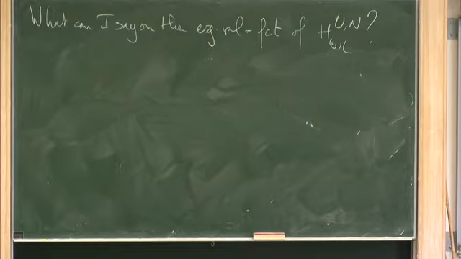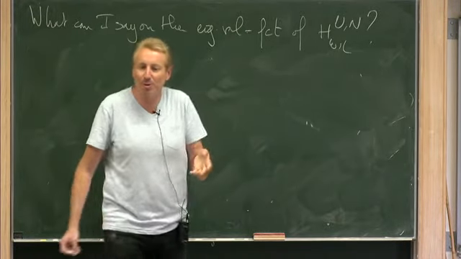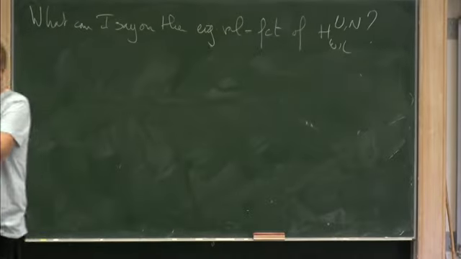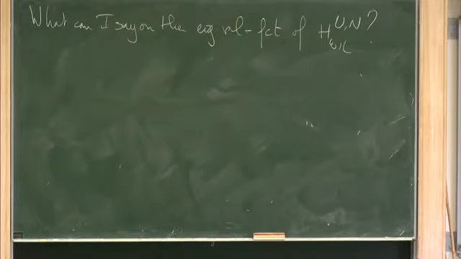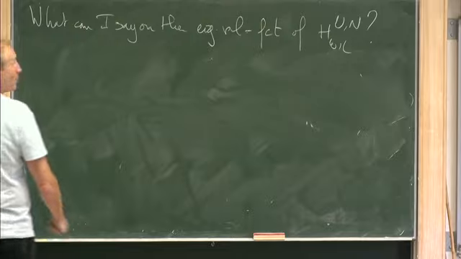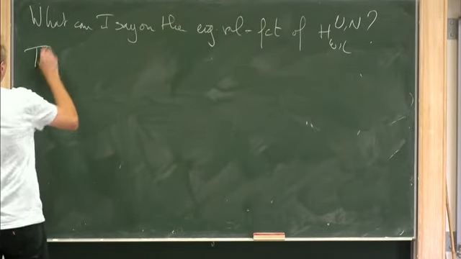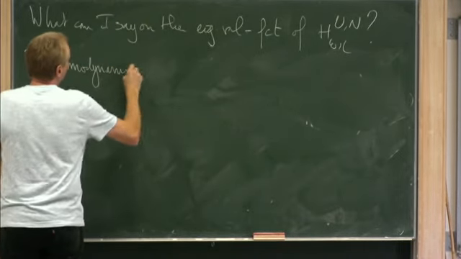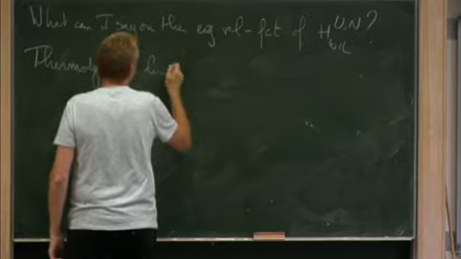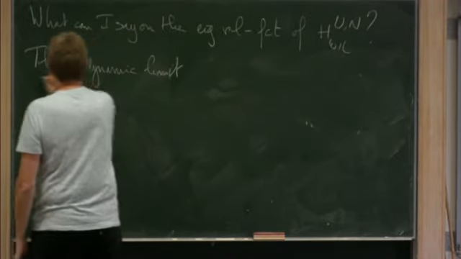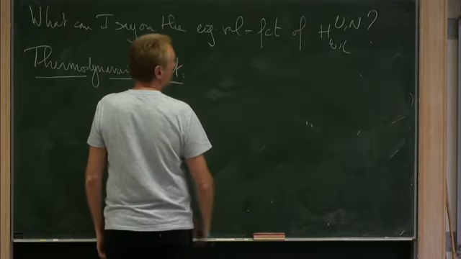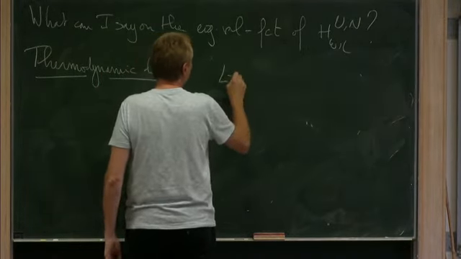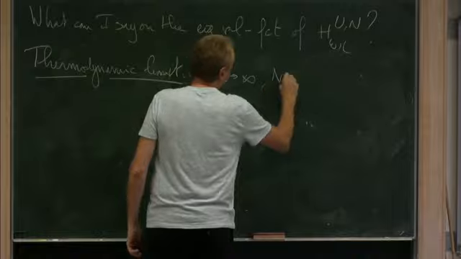Oh yeah, there's one thing that is missing. Of course, what we want to do is not consider a finite cube, but let the cube grow. And so we want to consider a thermodynamic limit, meaning we want to let L go to infinity, N go to infinity.